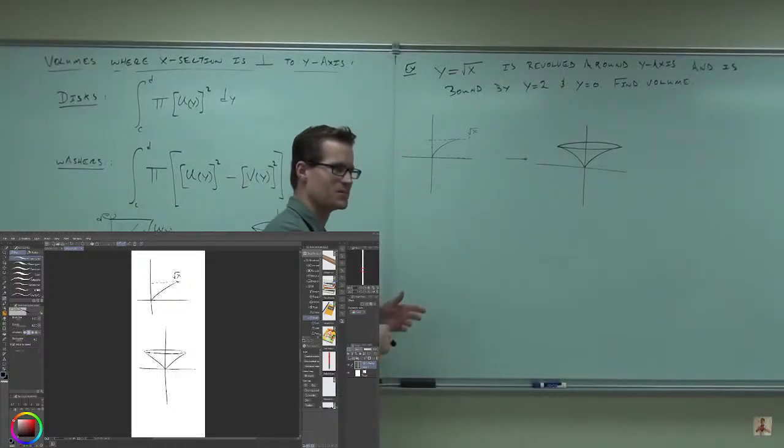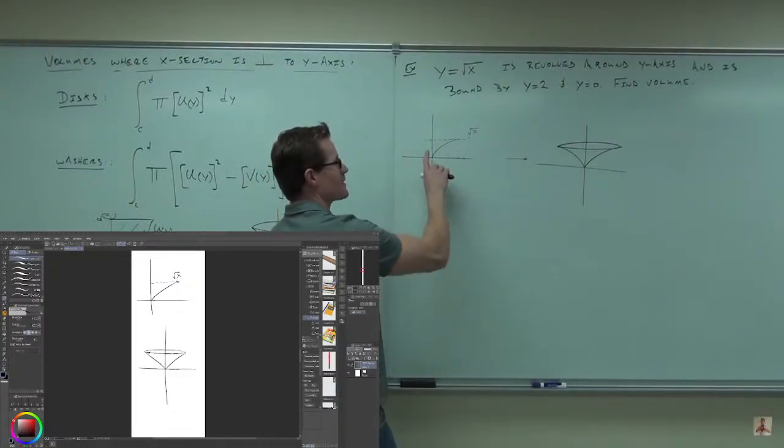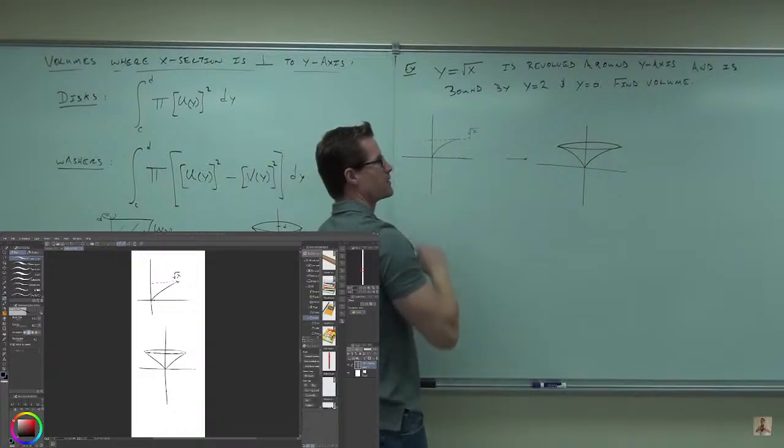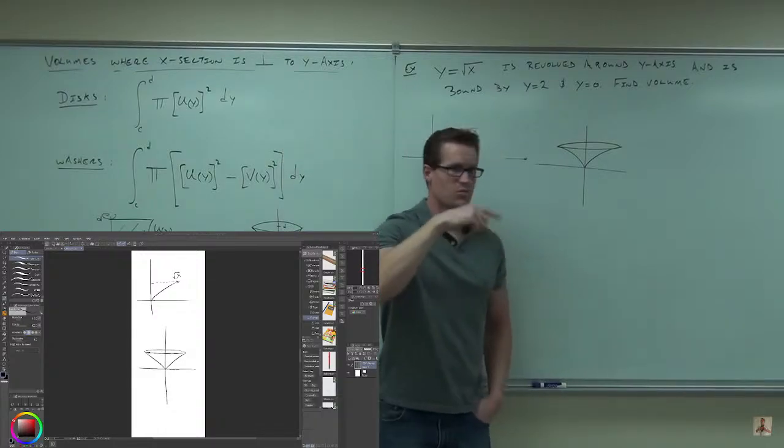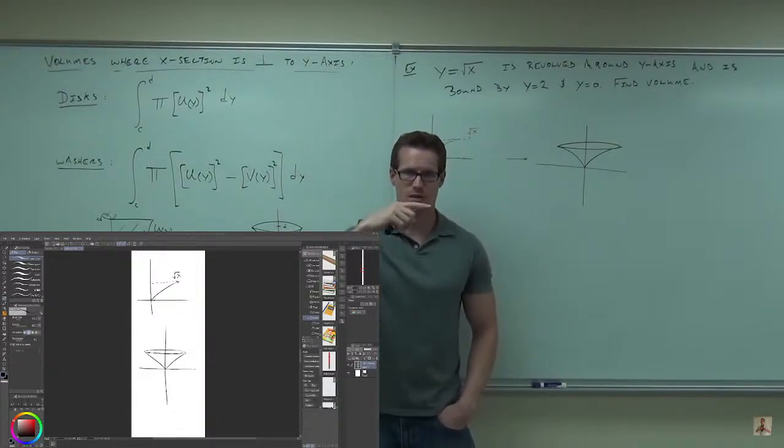Do you think the volume will be different if I go this way versus this way? That's an interesting question. Why don't you figure that out later, see if it is. Right now, that's not our question. The question is, can you take this, go this way, and between those lines, find the volume of it?